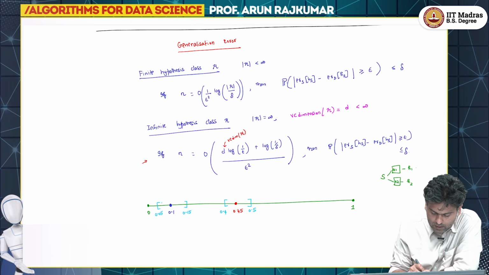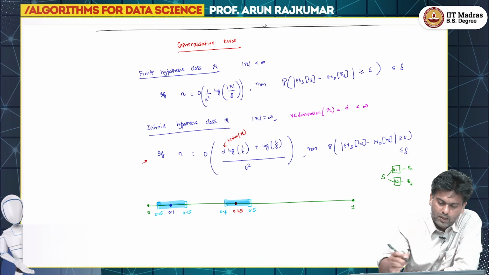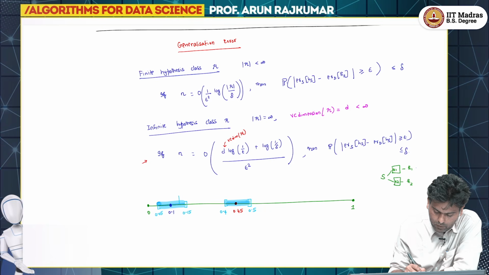What we are essentially saying here is that the test error is going to lie in this interval for H1 and in this interval for H2. For example, maybe the test error of H1 is 0.13.